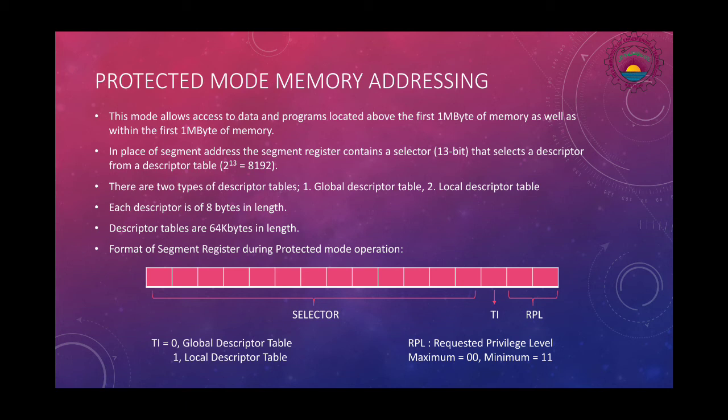In case of protected mode memory operation, segment register will be having three informations. First one is the selector of 13-bit, then a single bit for table indicator TI, then there will be 2 bits for RPL, requested privilege level.